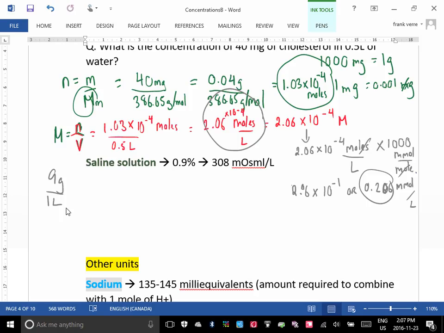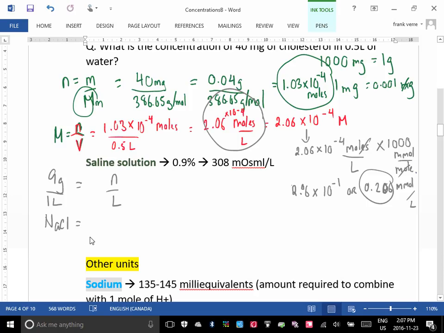Now, how many moles is that? We want this in moles per liter. Sodium chloride, NaCl, has a molar mass of about what?